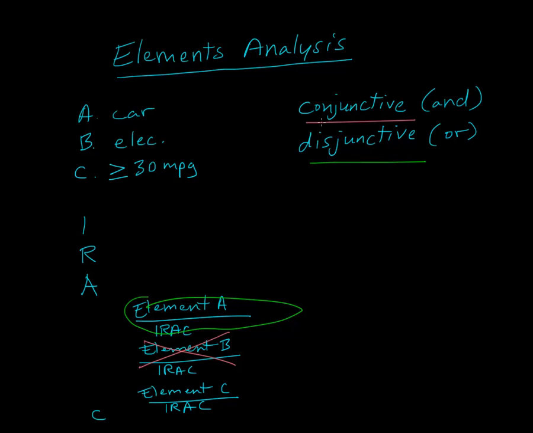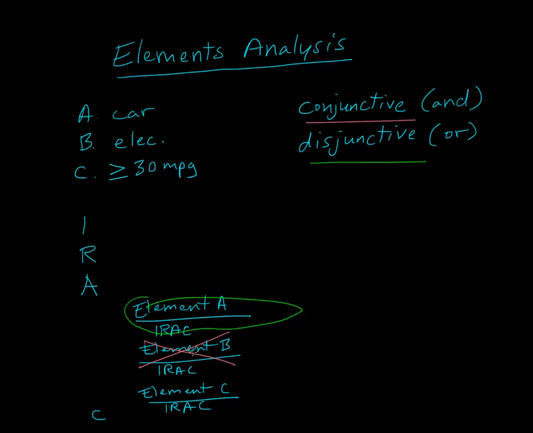Now, because the test is in the conjunctive and all three must be satisfied, people will sometimes say, well, element B is not satisfied, so there's no point in analyzing element C, or really doing element A for that matter. I should just start with element B, conclude that it's not satisfied, and then I'll be done.